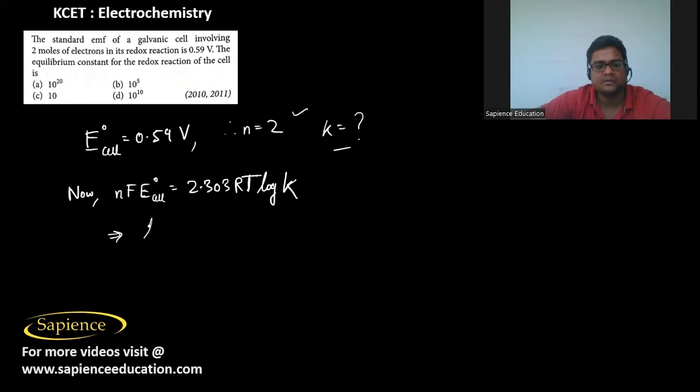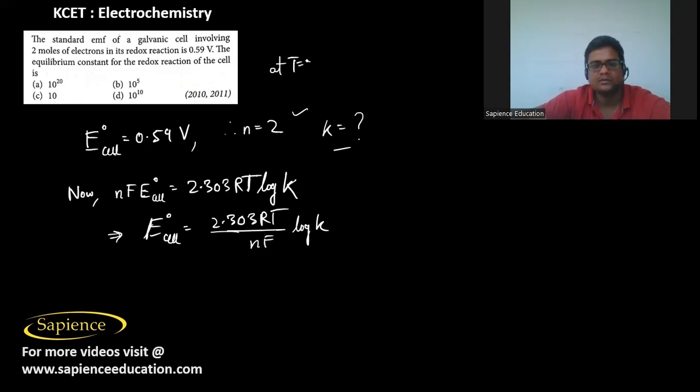So we have to find the equilibrium constant K of the redox reaction of the cell. Therefore E naught cell equals 2.303 RT by nF log K. Now 2.303 RT by F is 0.059 at room temperature. It means at T equal to 298 Kelvin, the value of 2.303 RT by F is approximately 0.0591, or 0.059 also you can take.